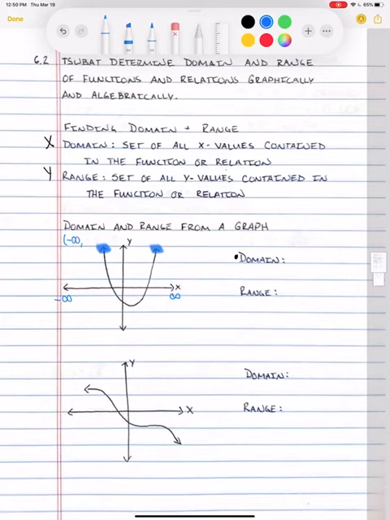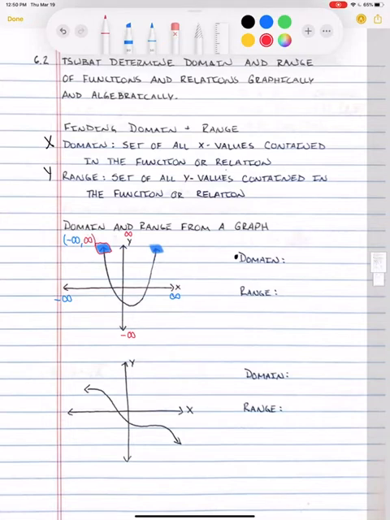I also notice that my arrow's pointing upward. Up and down deal with the y-axis, and that means up is going towards positive infinity, down is going towards negative infinity. So since this arrow right here is also going up, that means it's going towards positive infinity.